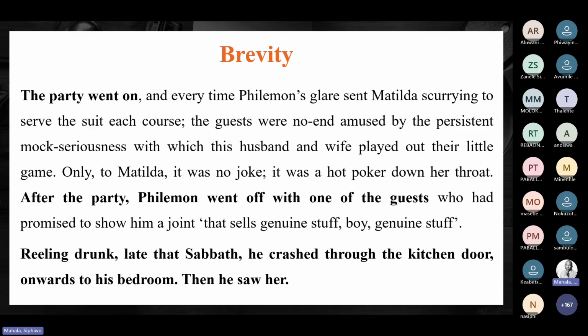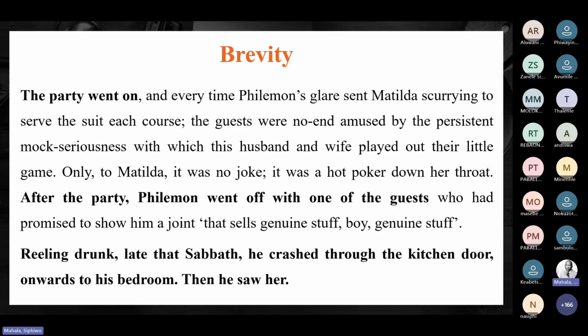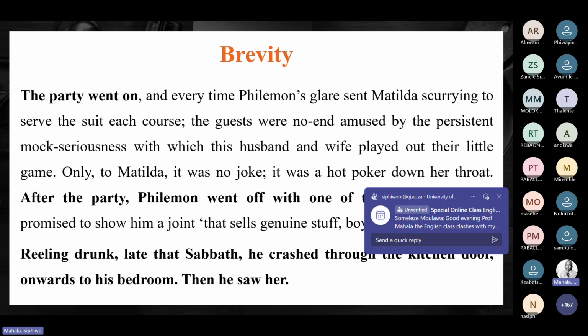Then he saw her. Now, if you recall, this extract is from the scene towards the end of The Suit, where Philemon discovers Matilda's lifeless body. Now, if you look at this passage, it captures so many things.